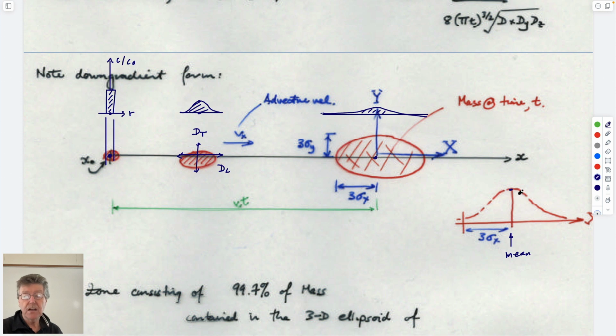Which means, I guess, that all the population that's upstream of it and all the population that is downstream of it are actually the mirror image of each other. So if you look at the point where there's the same amount of mass on the upstream side as the downstream side, that defines this point here, which also defines the mean, the definition of the mean. And it also defines a standard deviation.